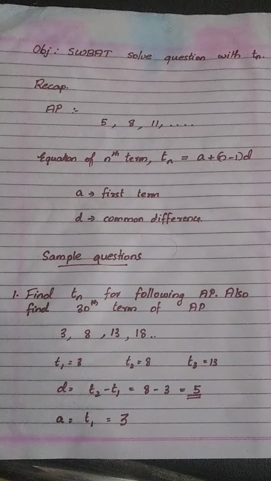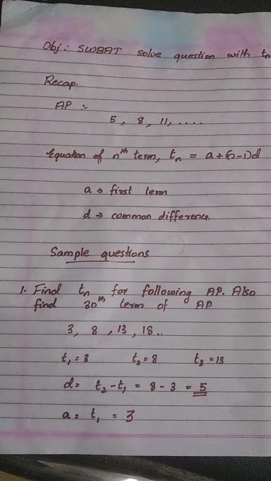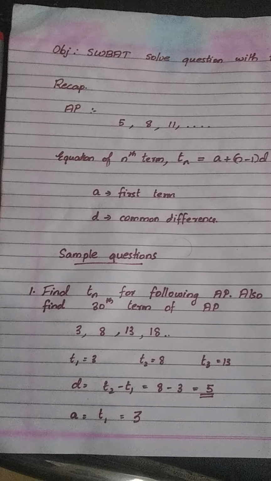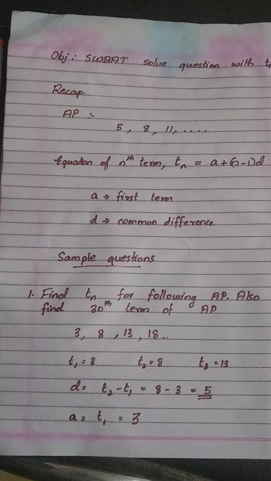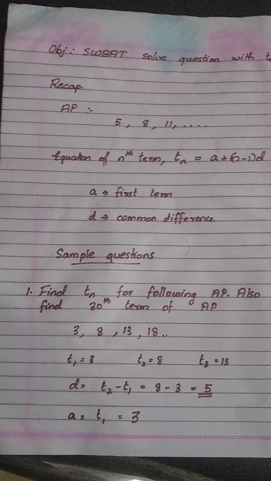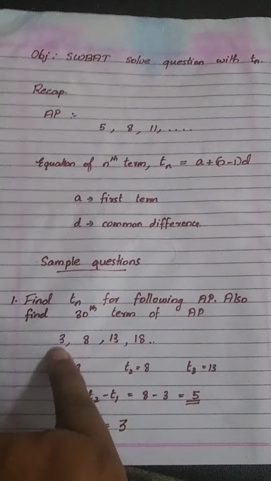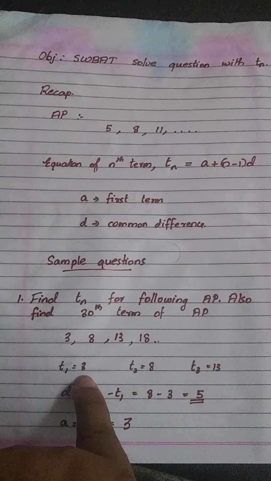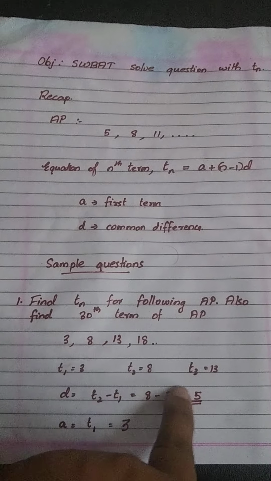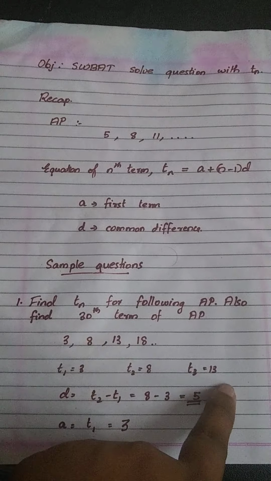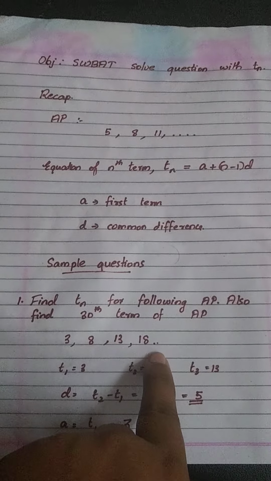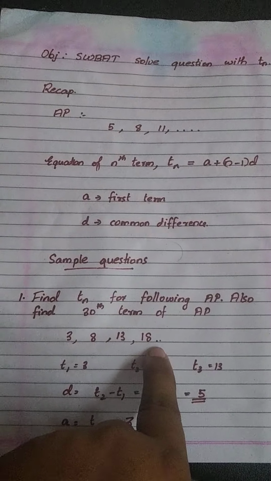So first we are going to find d, the common difference. T1 is equal to 3, T1 means term 1. T2, the second term, is 8. T3 will be 13. This will be T4.